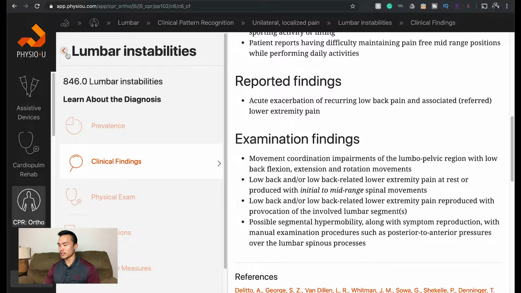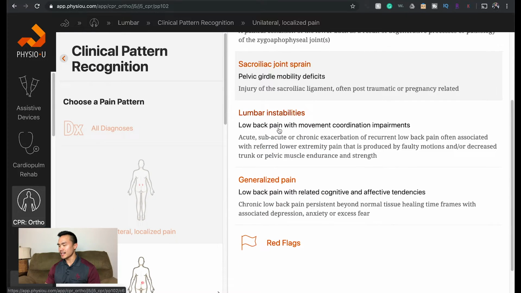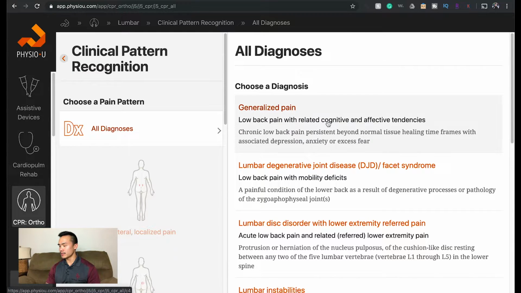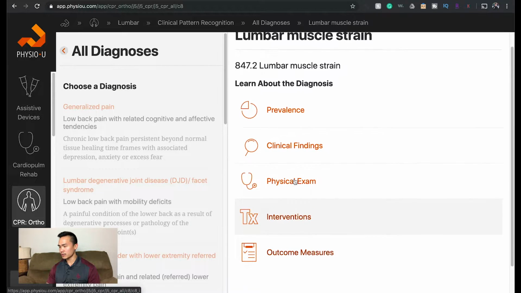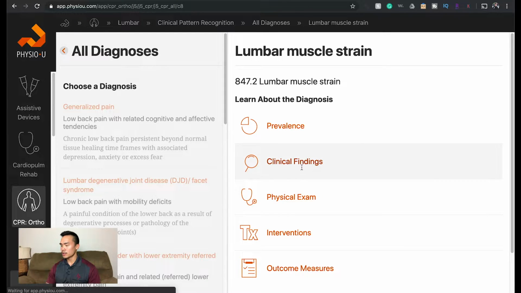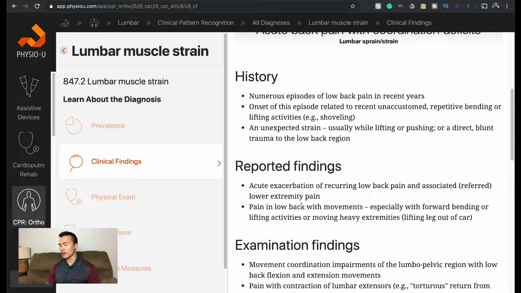Okay, last one. Let's go into lumbar sprain strain. This one is not in this category. So that one, I'm going to go into all diagnoses, and I'm going to look at muscle strain, which is also the movement coordination impairments. So clinical findings, history, numerous episodes of low back pain in recent years. I didn't ask that.